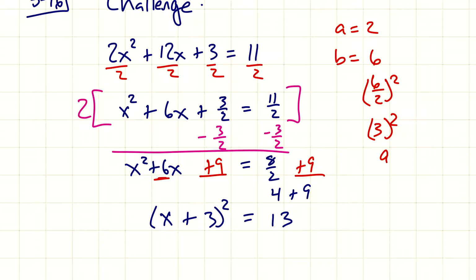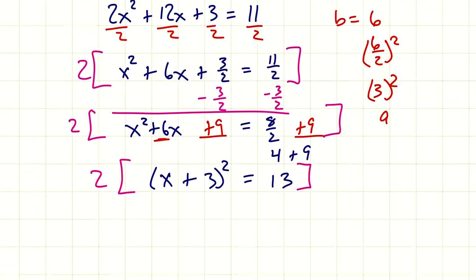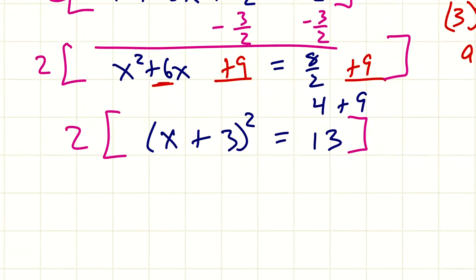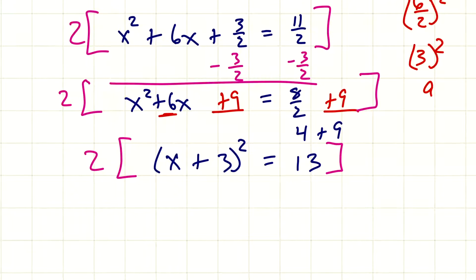I just didn't show it to you. But that 2, really what we did was we factor out a 2 from everything. And so because we still have a 2 around everything, the very last step is we're going to put that 2 back, right? So we're going to put that 2 back.